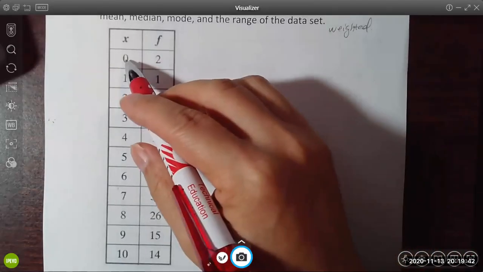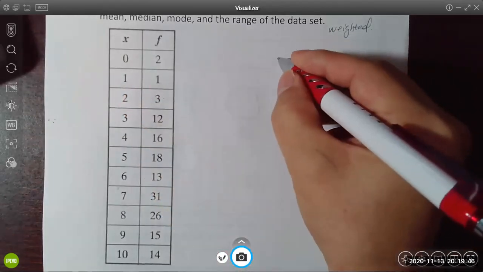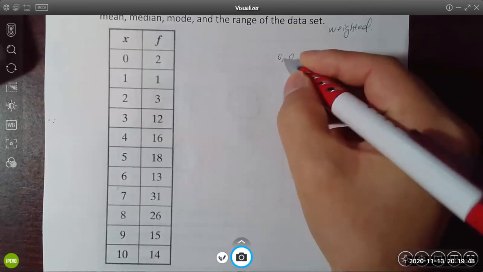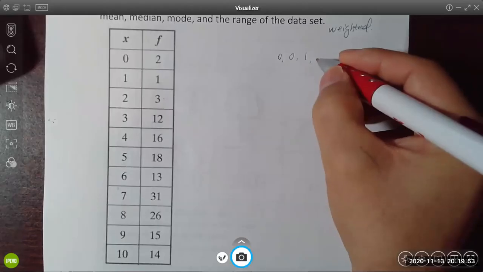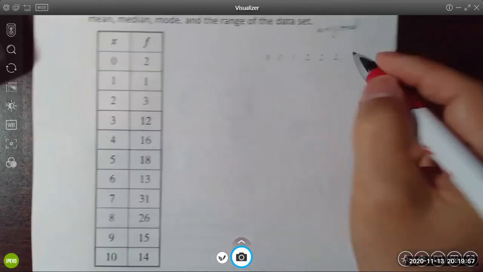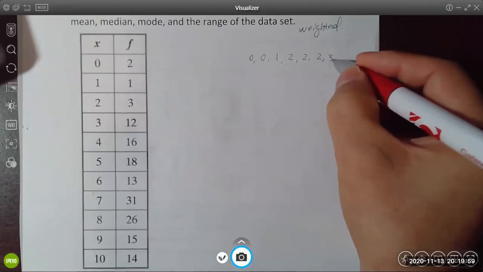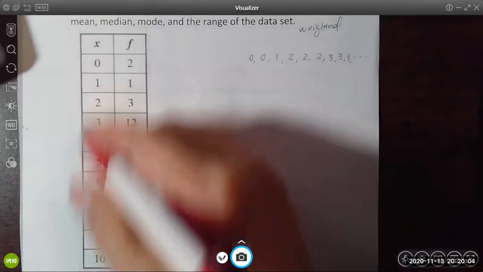Let's say the value 0 occurs twice. So basically like this, 0, 0. And 1 occurs once, so I get 1. And 2 occurs 3 times, 2, 2, 2. And 3 occurs 12 times, 3, 3, 3, and so on. Totally 12 threes. You can write them all.